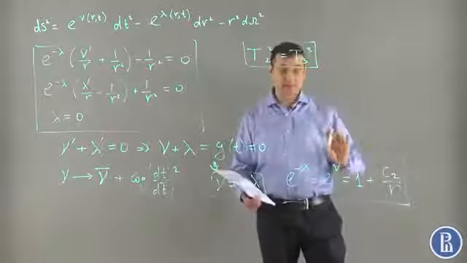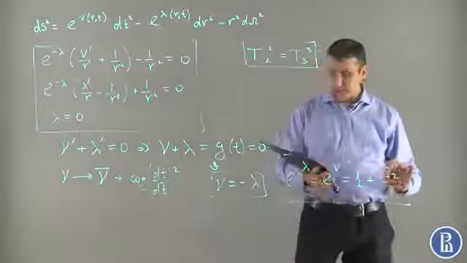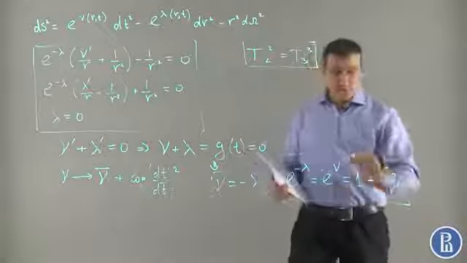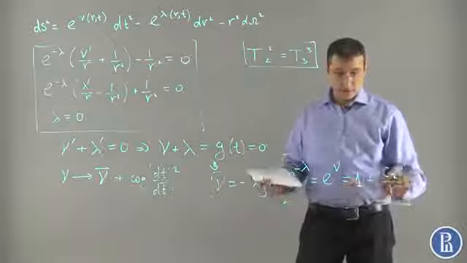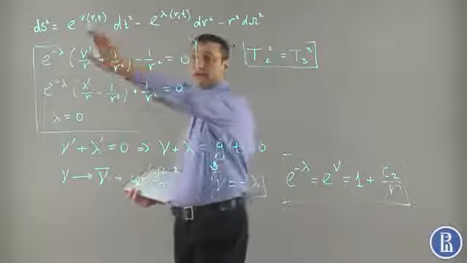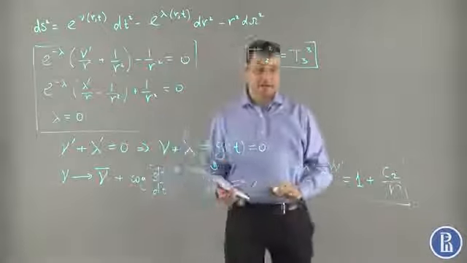But let me stress at this point that if C2 equals 0, in this case we have the flat metric again.